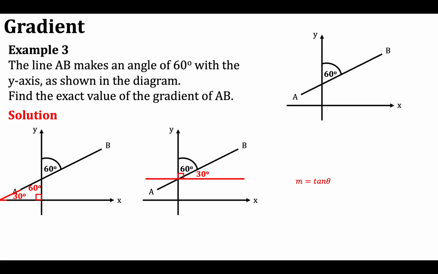And then it's quite simply a case of, I know that the gradient formula is tan theta, m is equal to tan 30, and we will learn about exact values quite soon in Higher, and you'll need to know them off by heart, but at the moment I'll let you use your calculator for this.